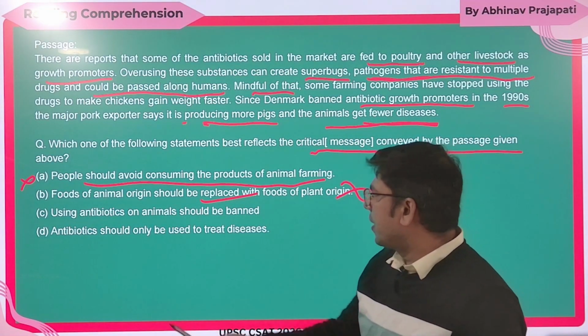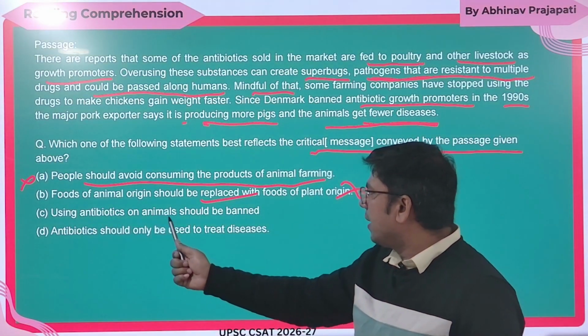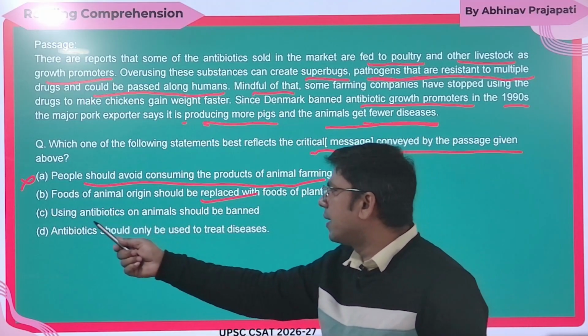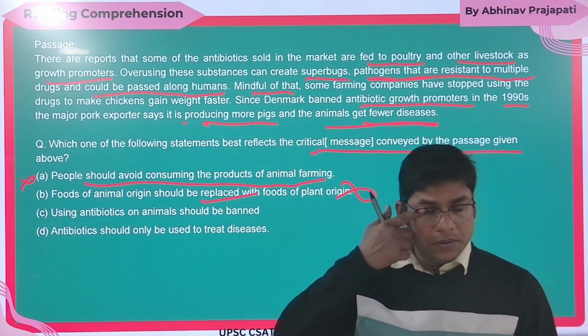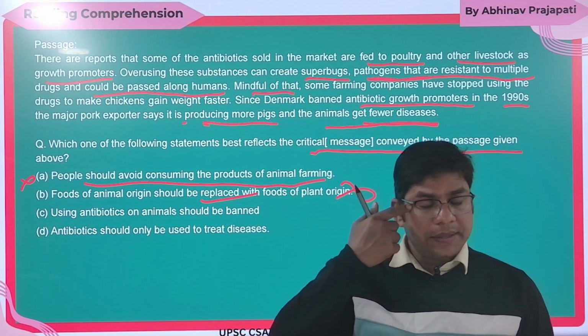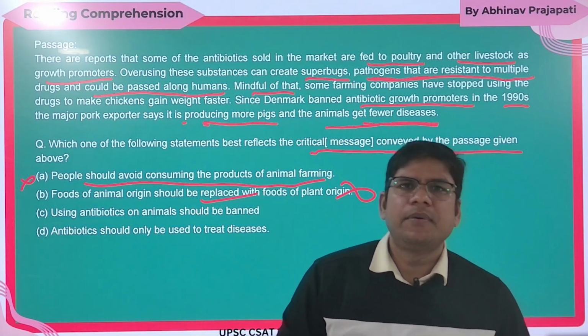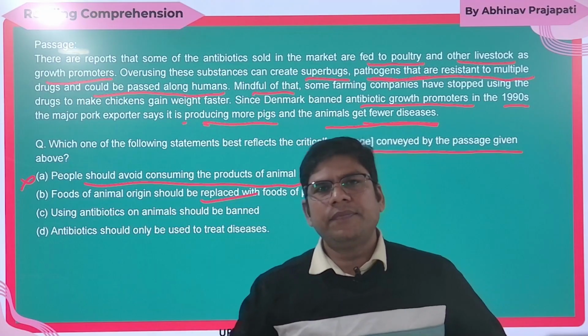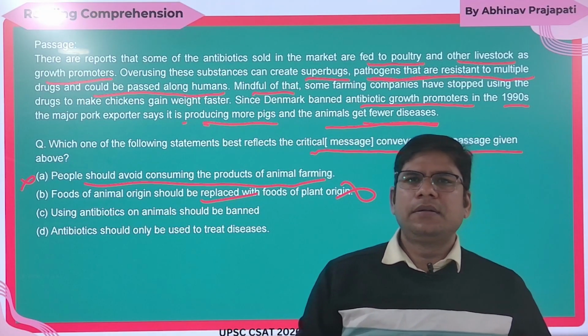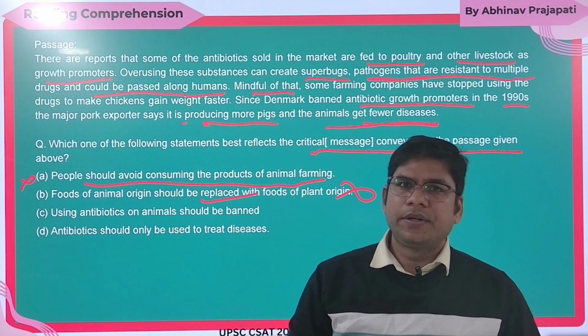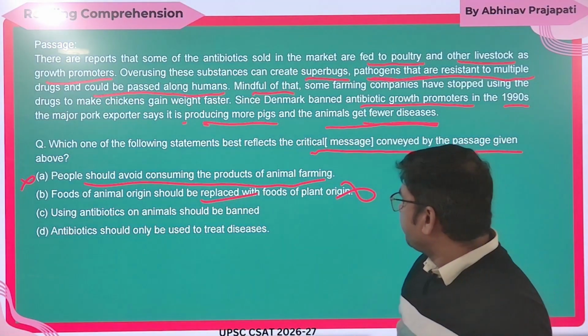Using antibiotics on animals should be banned. This is also not correct, because if an animal becomes sick, then to cure it we have to use antibiotics, just as when we fall sick, the doctor gives us antibiotics. So this is also not correct.